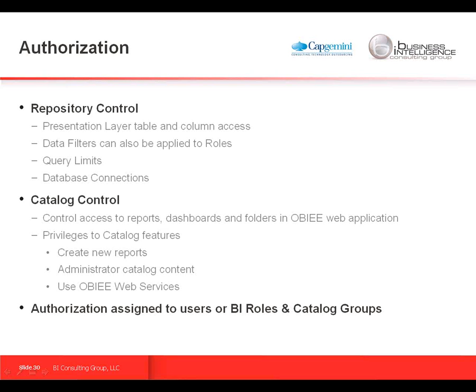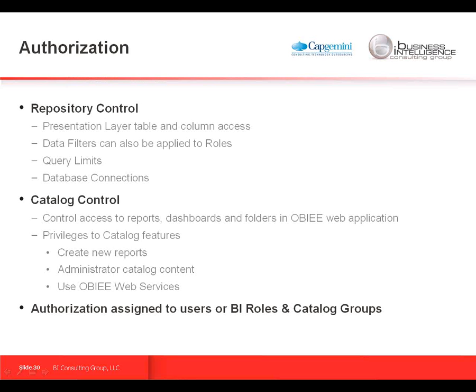And then there are also privileges along there, things like who can create new reports, who are administrators of the system, can you administrate a particular section of the catalog, and finally something like can you use the OBIEE web services that are available. And so all of this authorization is controlled in the BI side by roles or catalog groups.